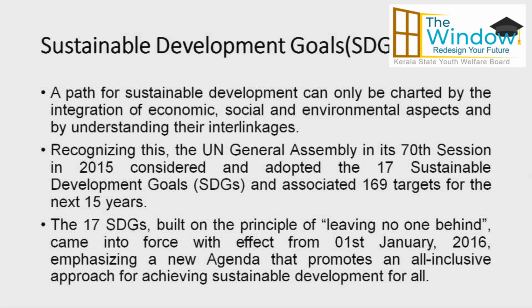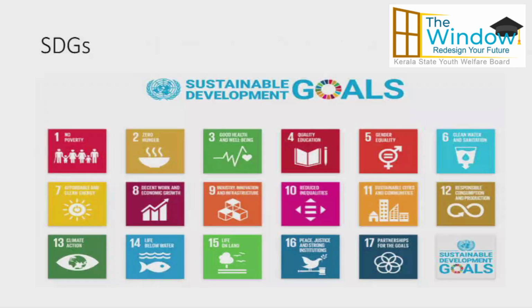That is, we have to achieve it by 2030. The 17 Sustainable Development Goals, built on the principle of leaving no one behind, came into force with effect from 1st January 2016, emphasizing a new agenda that promotes an all-inclusive approach for achieving sustainable development for all.